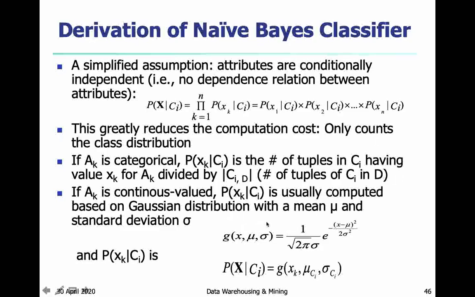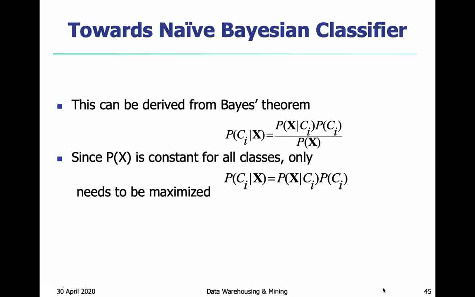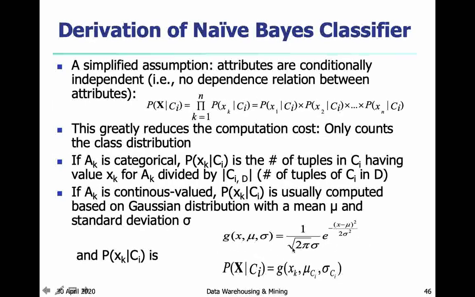So here you need to assume a Gaussian distribution with a mean mu and standard deviation sigma. This is the Gaussian distribution g(x, mu, sigma).